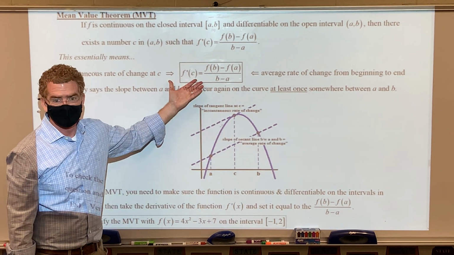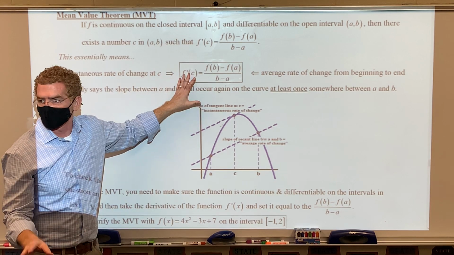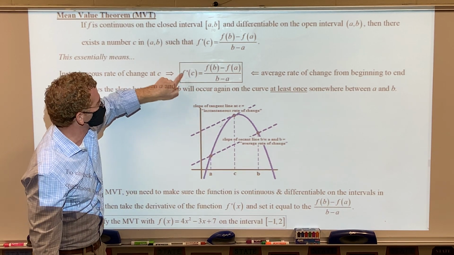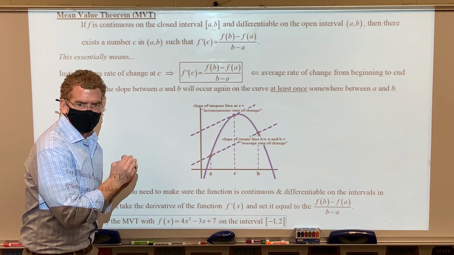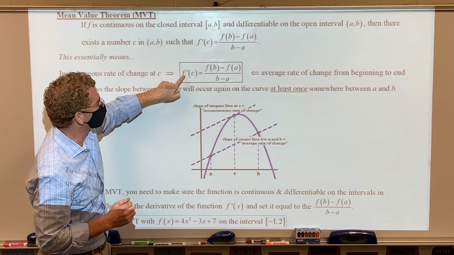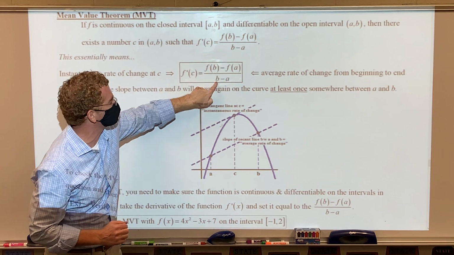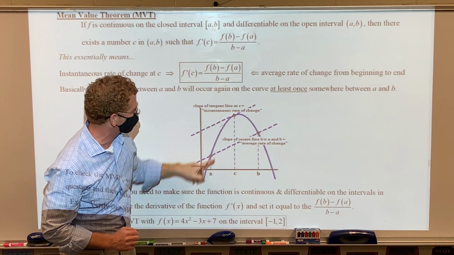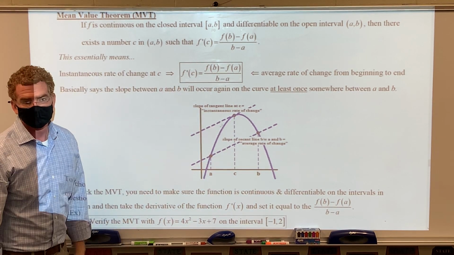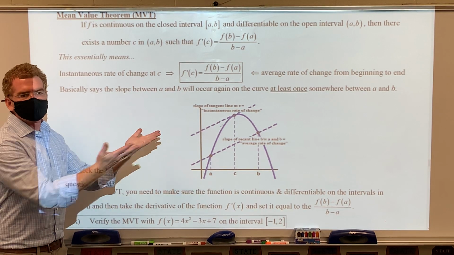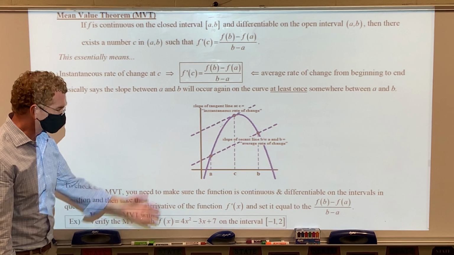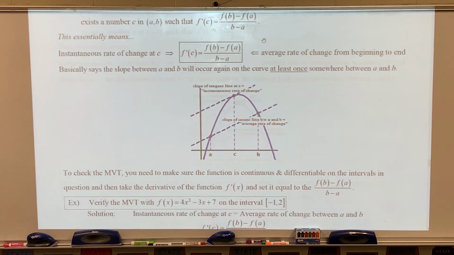That's it. And I'll show you some examples. The derivative of the function at that value has to exist somewhere, okay? And it will match the average rate of change, which is the y minus y over x minus x from beginning to end. That's it. And it might happen a bunch of times. And the math will let you know where that c is. So check it out. But that's all this says.